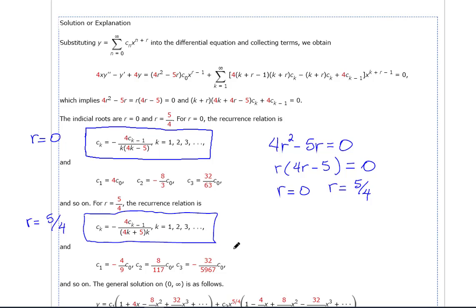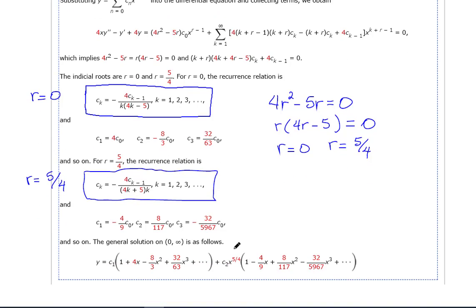So putting that into the problem, separating out C1 and C2, so here's C1, we had the power of r is 0, so x to the 0 is 1. And here we had r is 5/4, so we get an x to the 5/4, C2, and the two series solutions.